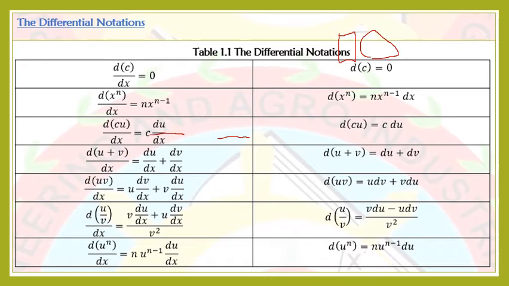Ito naman, derivative of the function x to the power of n with respect to x is n times x to the power of n minus 1. Pag ganito exponential, baba lang sa exponent, and then minus tayo ng 1. So, ito yung ibig sabihin ng sa pangalawang row. Okay. The same with the second column.